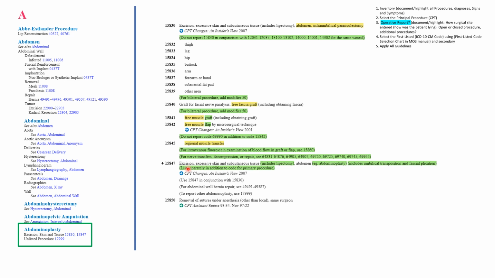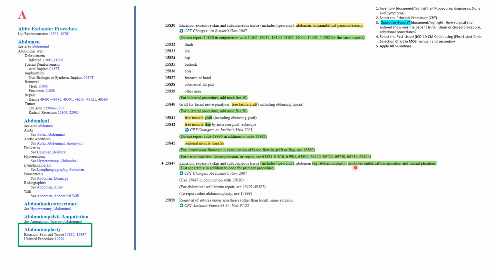This is excision, excessive skin and subcutaneous tissue, includes lipectomy. Same thing, these are both the same, except this is excessive, and it says abdomen, abdominoplasty. Example, abdominoplasty includes umbilical transposition and fascial plication.